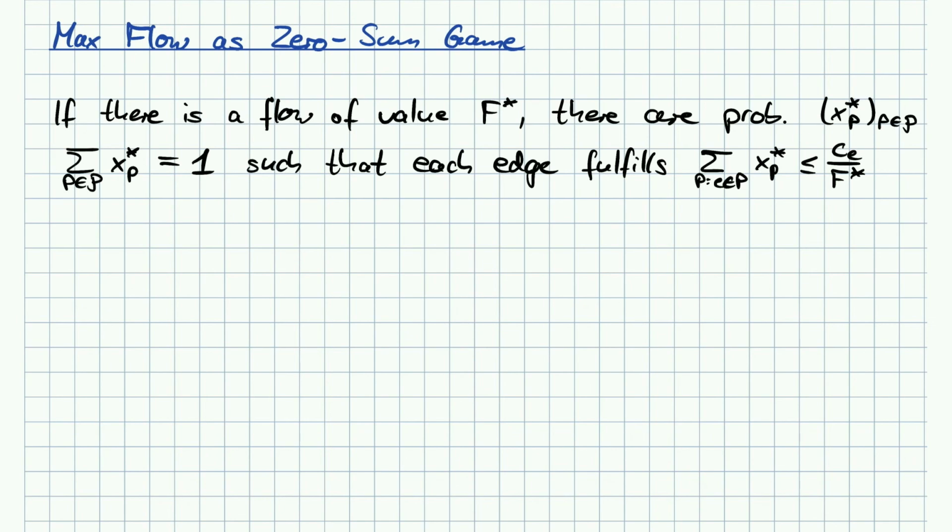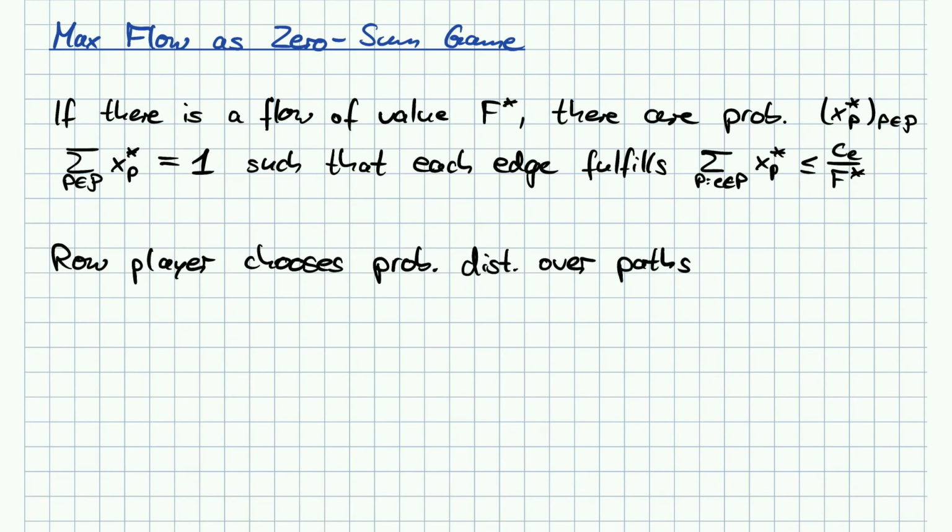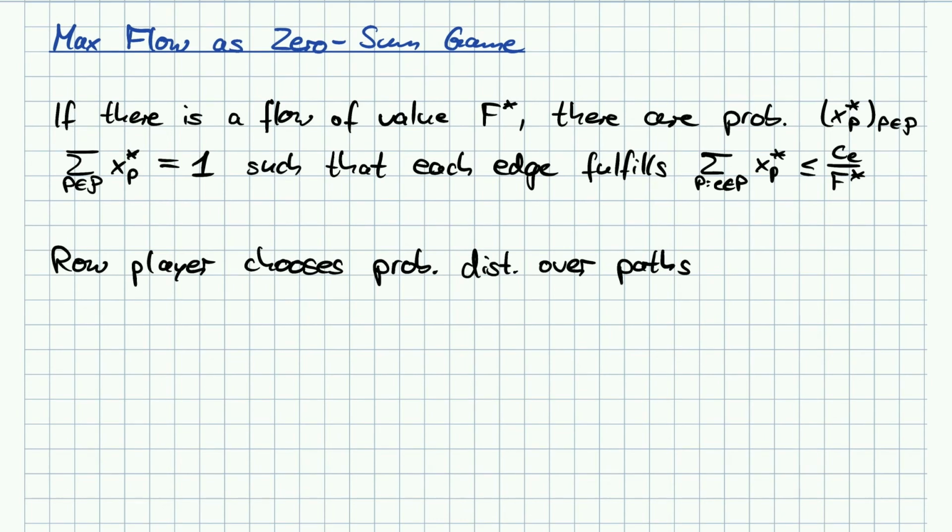Now, what does this mean? We could now understand that the row player chooses a probability distribution over paths, and the column player chooses a probability distribution over edges.